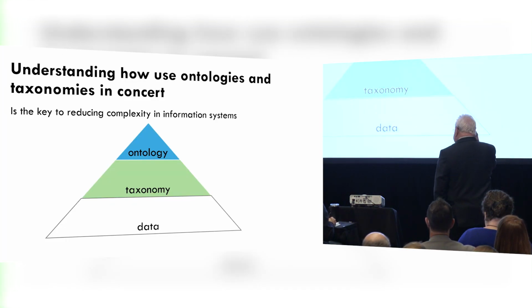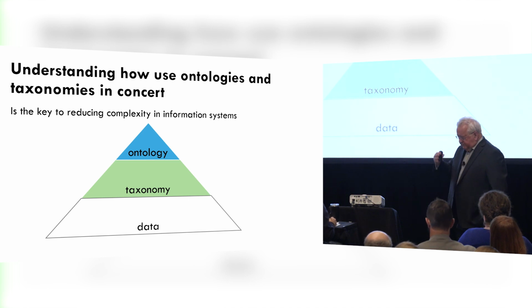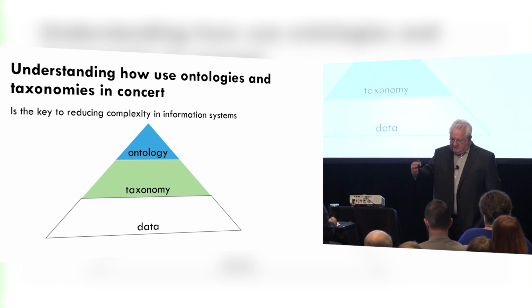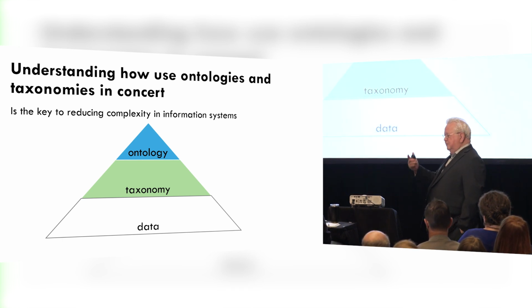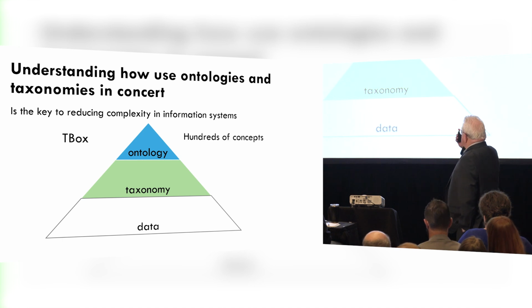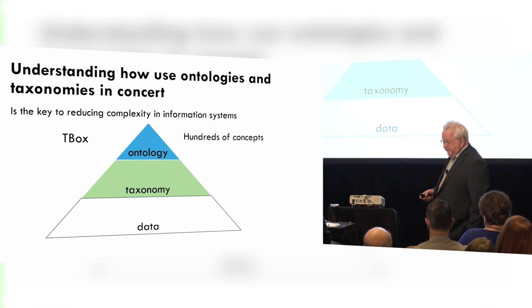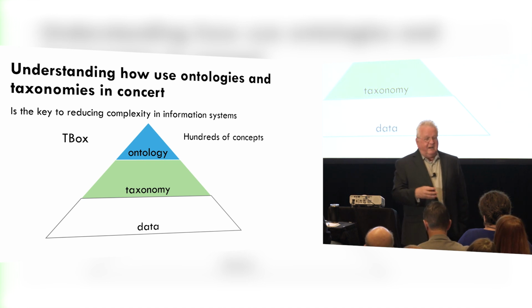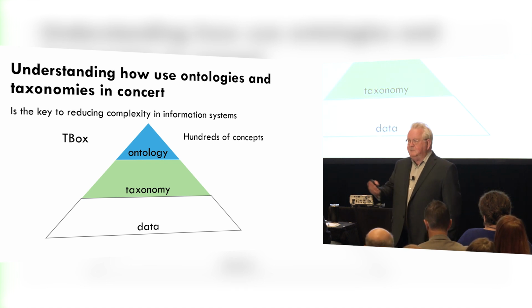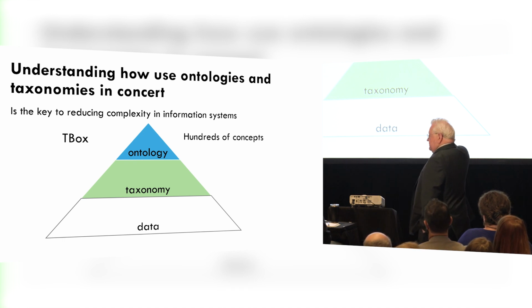So, just to get an idea of the power of separating ontology, taxonomy, and data, it's actually about leveraging the cognitive load of the human mind. In semantics they call it the terminological box, or the T box, where we make up new concepts, new terms. And typically you should have hundreds of those in your enterprise.